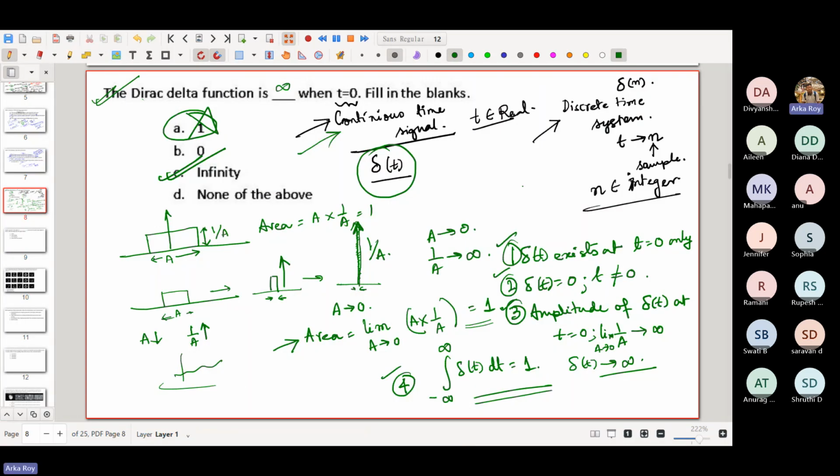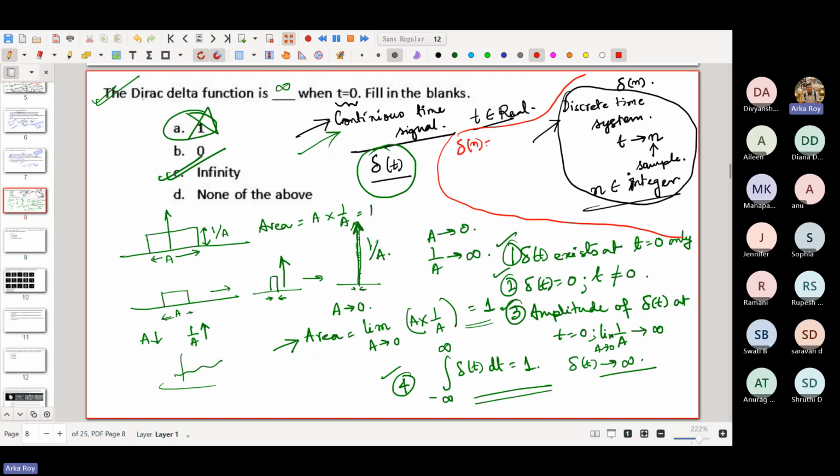So this is basically the reason why delta t is not 1 at t equals 0. That is the main thing. But when you go to the discrete case, we can write it as delta n.